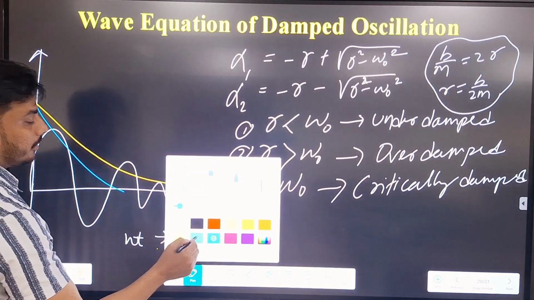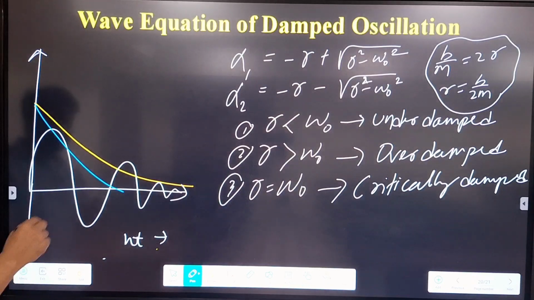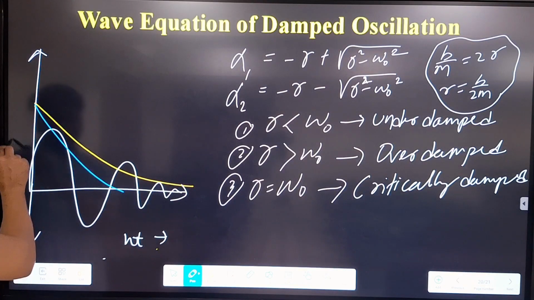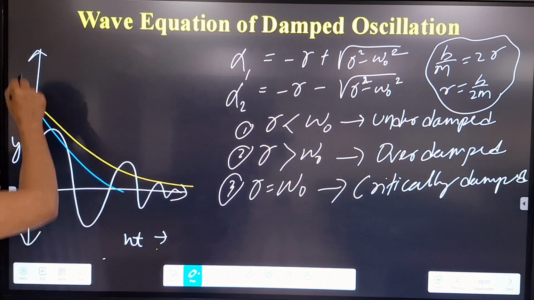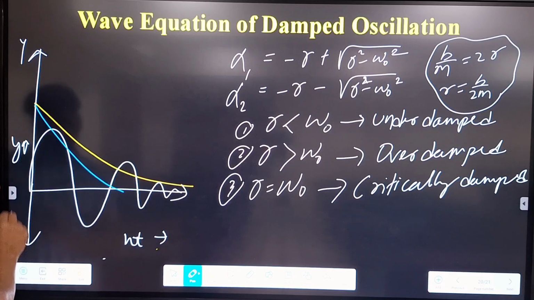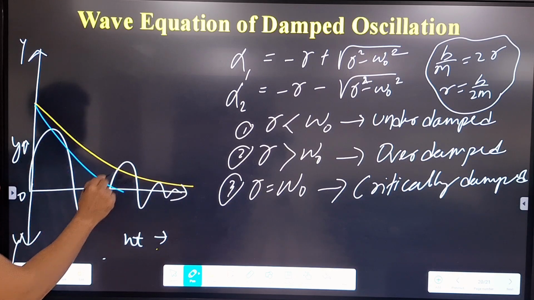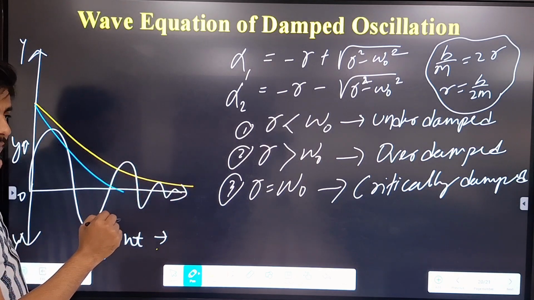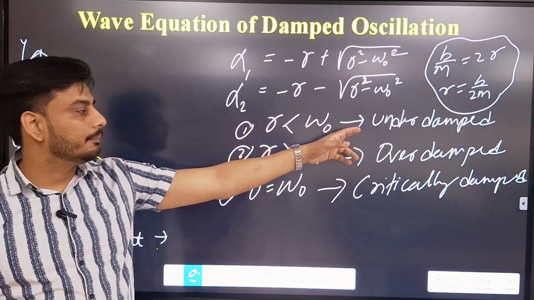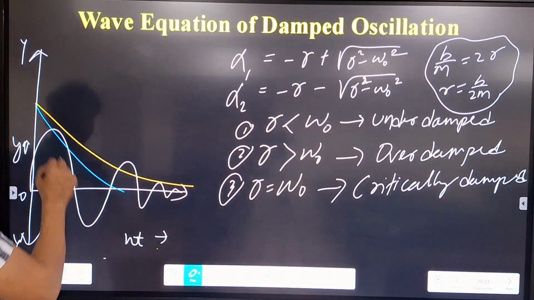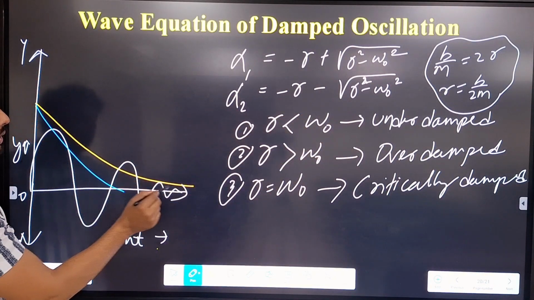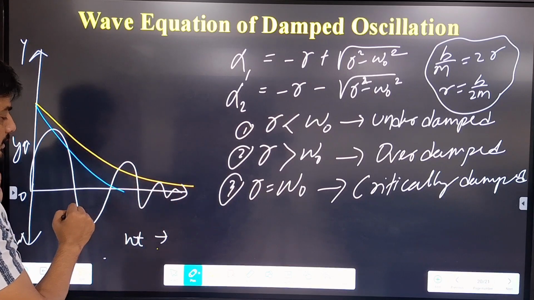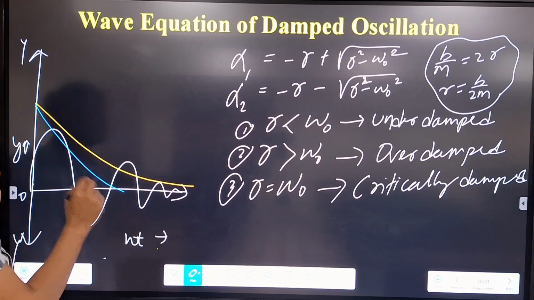Okay, now see, three different graphs are there. This is displacement with respect to time. This white color line is the underdamping. Then the yellow color one is the overdamping condition, and this is the critical damping condition.